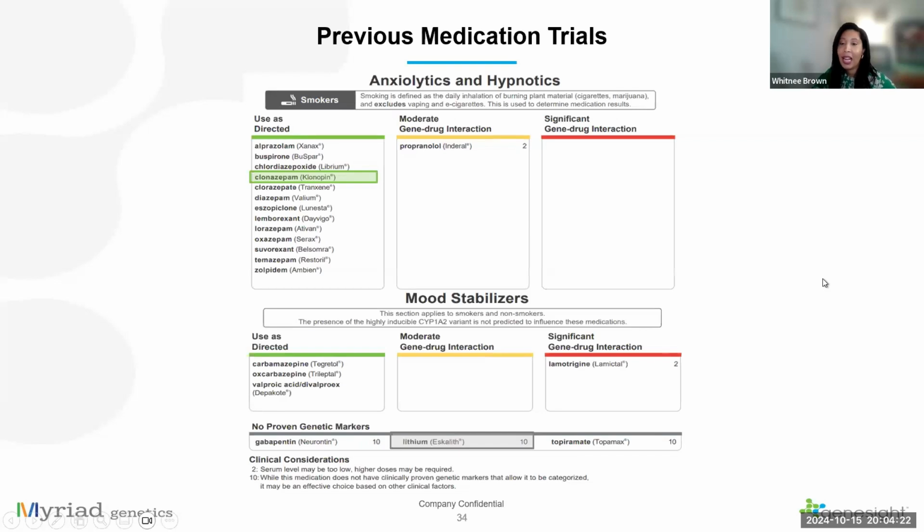Okay. And the Klonopin, as you can see here with the smoker label at the top, is under the use as directed category. That is specific because the patient was using a prescription that was not his, but he consistently used it. He told me it was the only thing that worked, and it was the only thing that we found to be in the green for him.